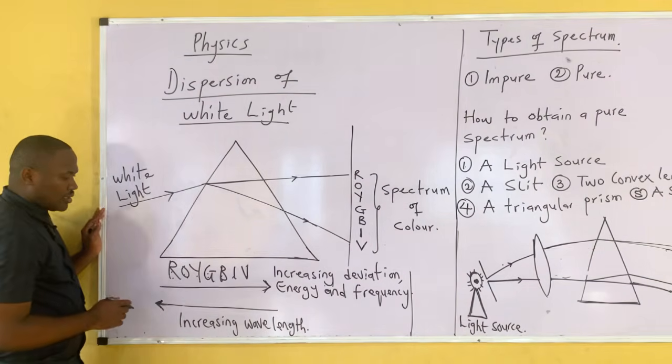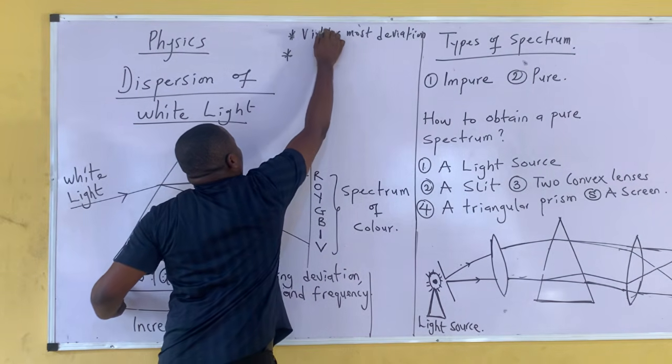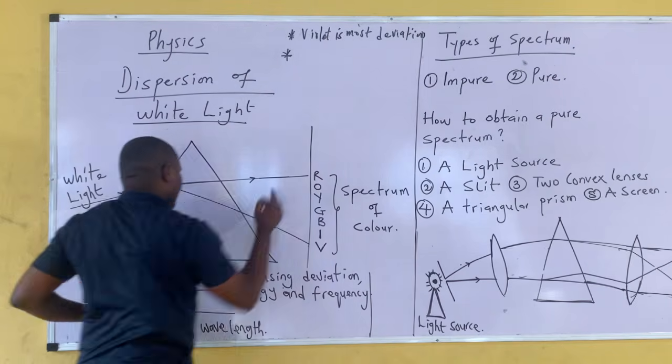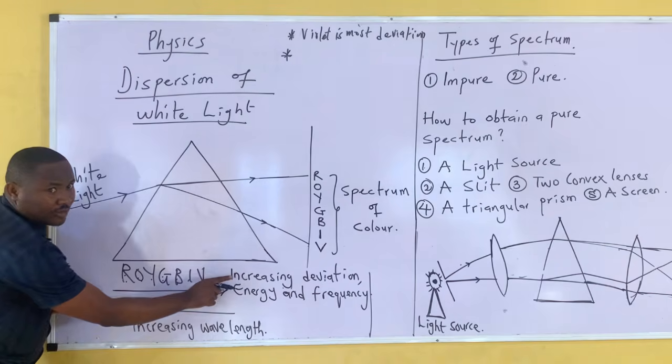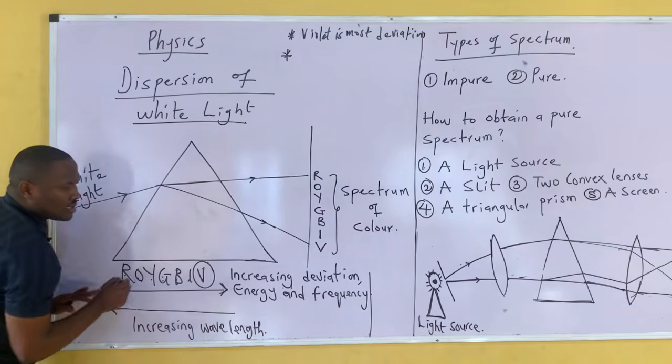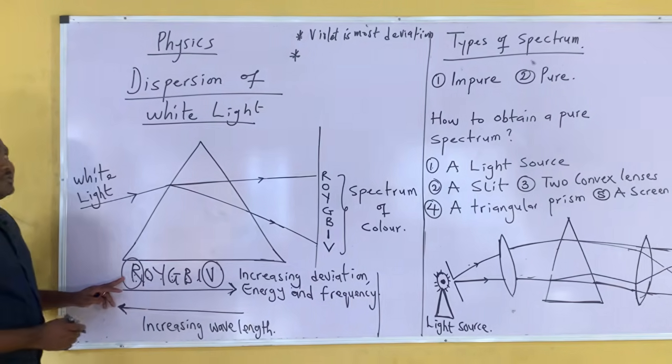So that leads us to say, note, violet is most deviated because deviation increases in this direction. So violet is most deviated, while red is least deviated.